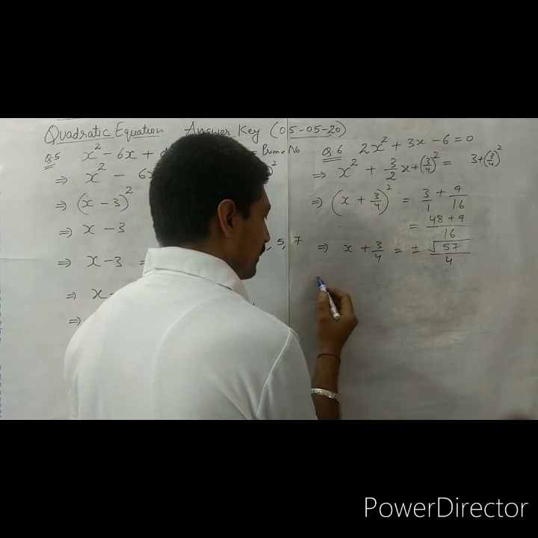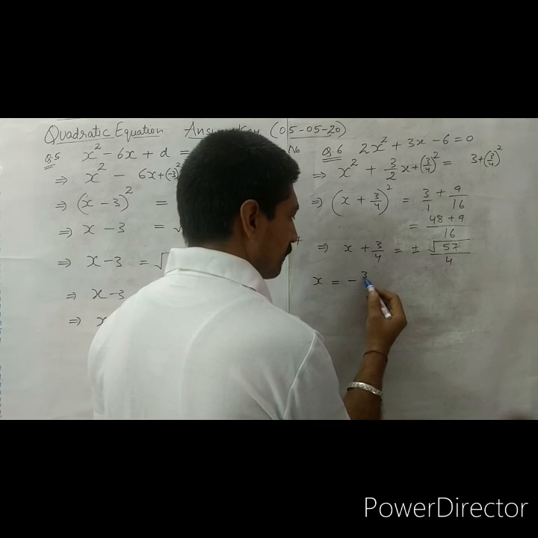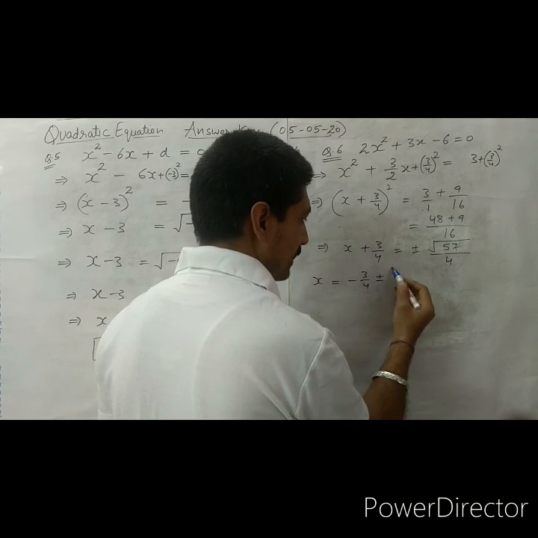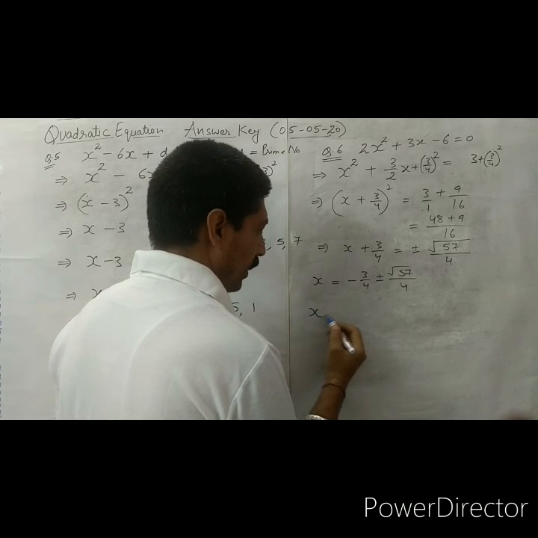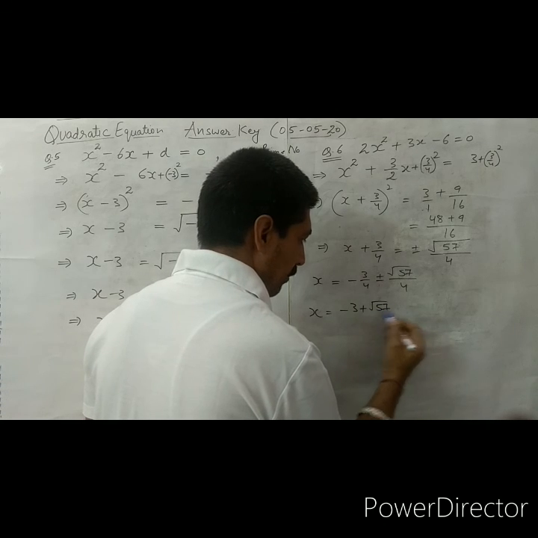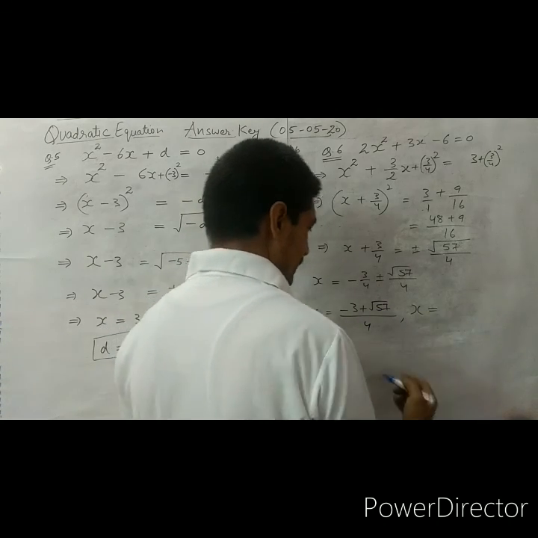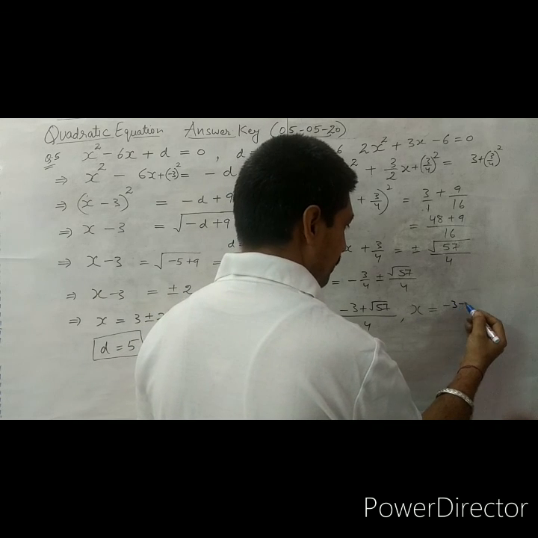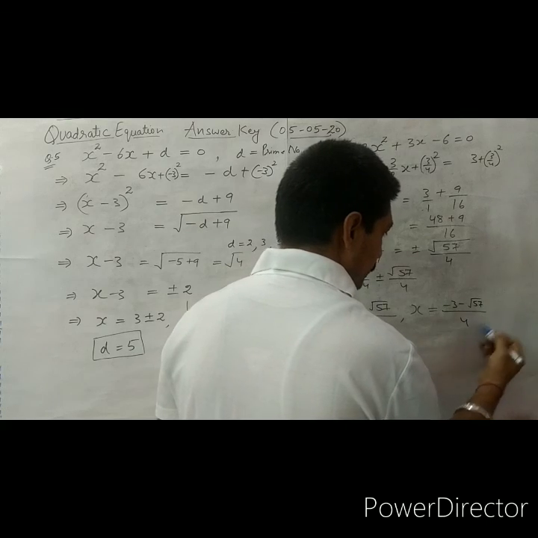So x is equal to minus 3 upon 4 plus minus under root 57 upon 4. So two values, one is minus 3 plus under root 57 upon 4 because the LCM is the same, and another is x is equal to minus 3 minus under root 57 upon 4.